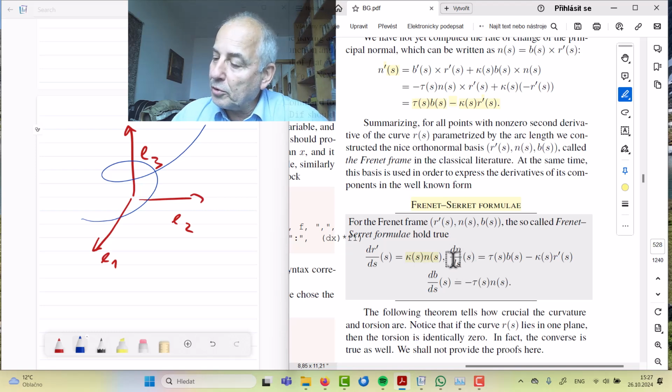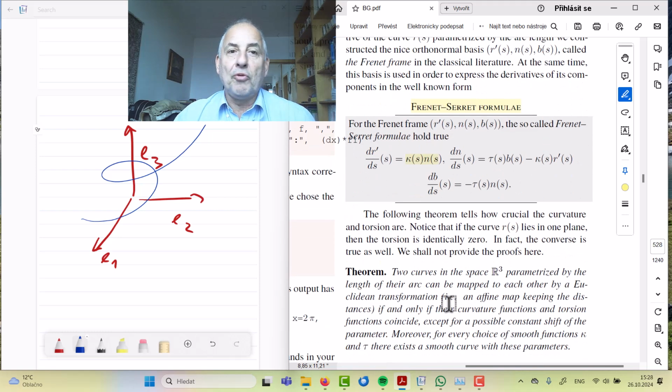The derivative of the principal normal is expressed via torsion times the binormal minus curvature times the velocity, and the derivative of the binormal is minus torsion times N(s). And well, so far it's not so exciting, is it? At least not so exciting if you don't know what it tells.